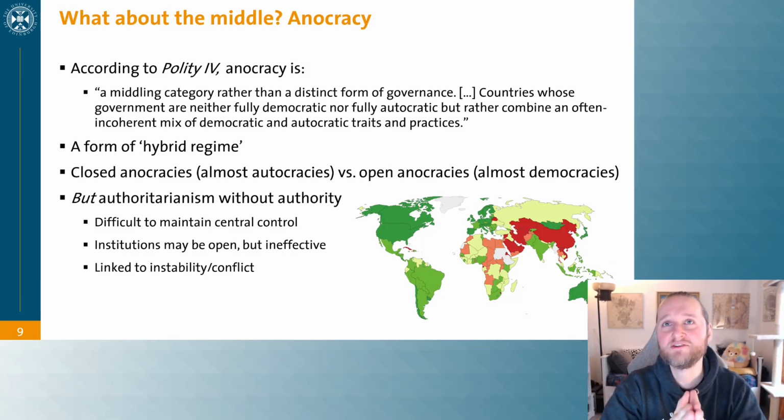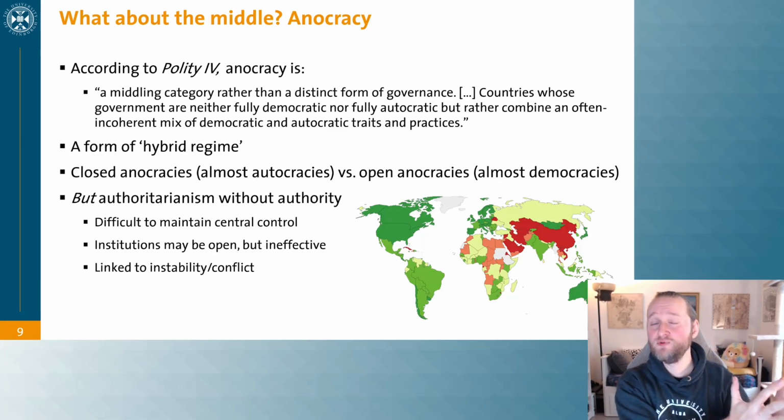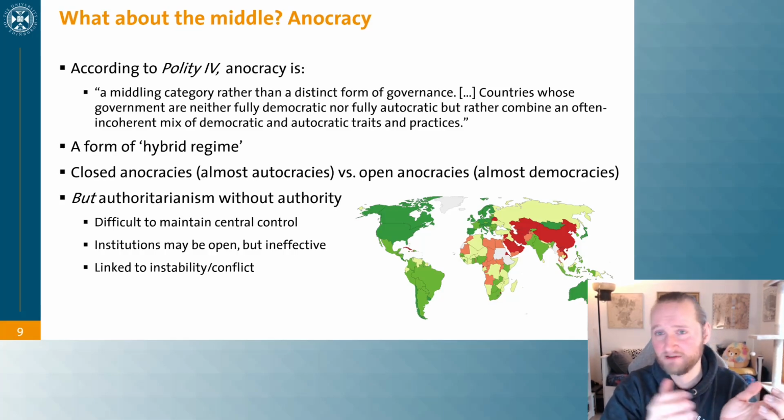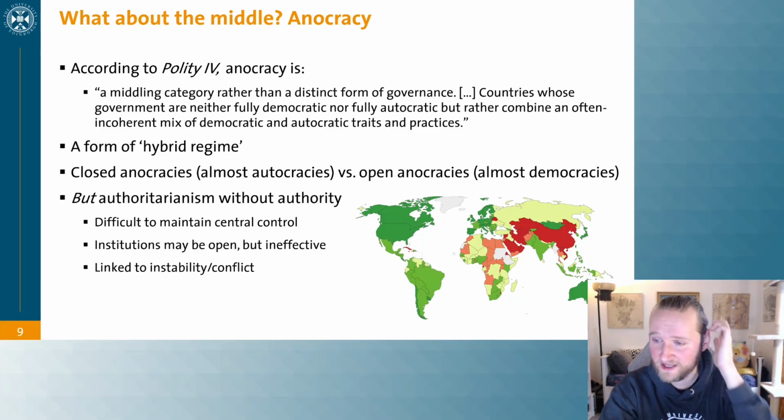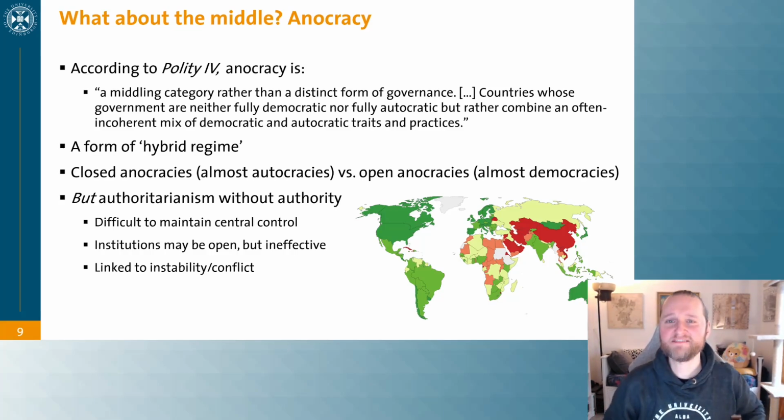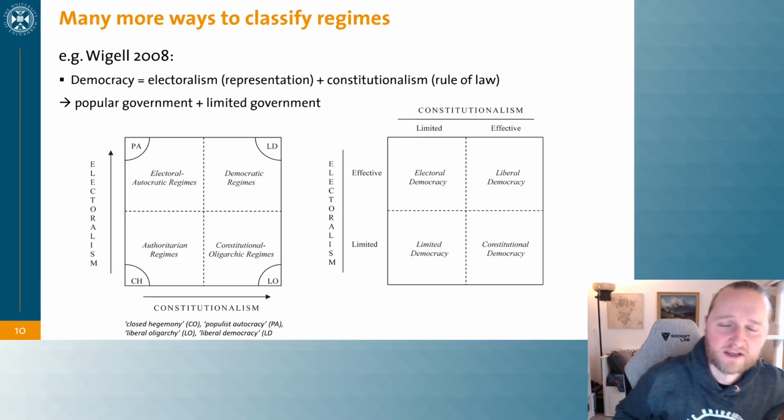Anocracy tends to be a category where you're not in forever necessarily, but you either just moved off one end of the spectrum, either in a good or a bad sense, or you're on the way to the other side of the spectrum. And anything that moves states between categories tends to be a process of at least temporary instability and possibly also conflict. We'll come back to that map in a slide or two.